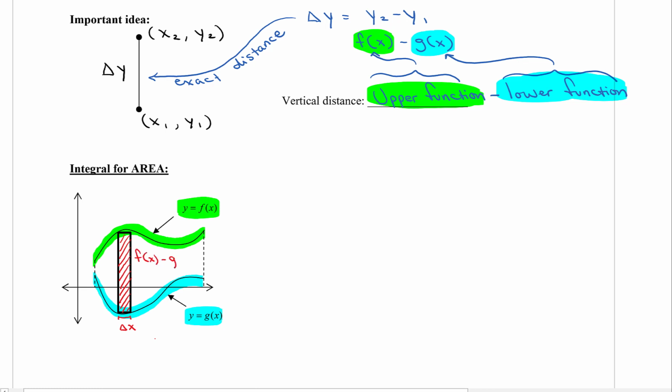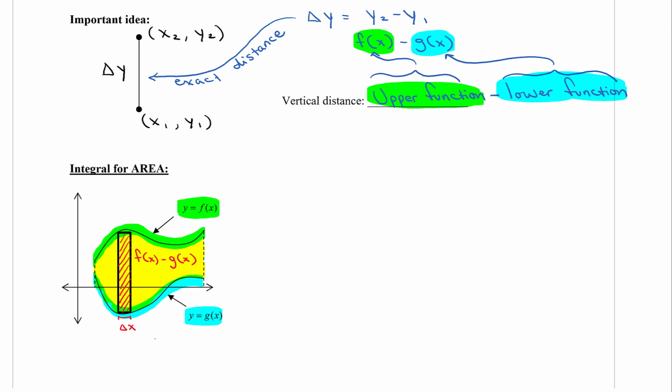So that's going to be f of x minus g of x. So in order to find the area of this rectangle, I need to multiply the height of the rectangle with the width. I'm going to just go ahead and highlight everything here in between the two curves and in between the two functions to represent the entire area that I'm trying to find here.